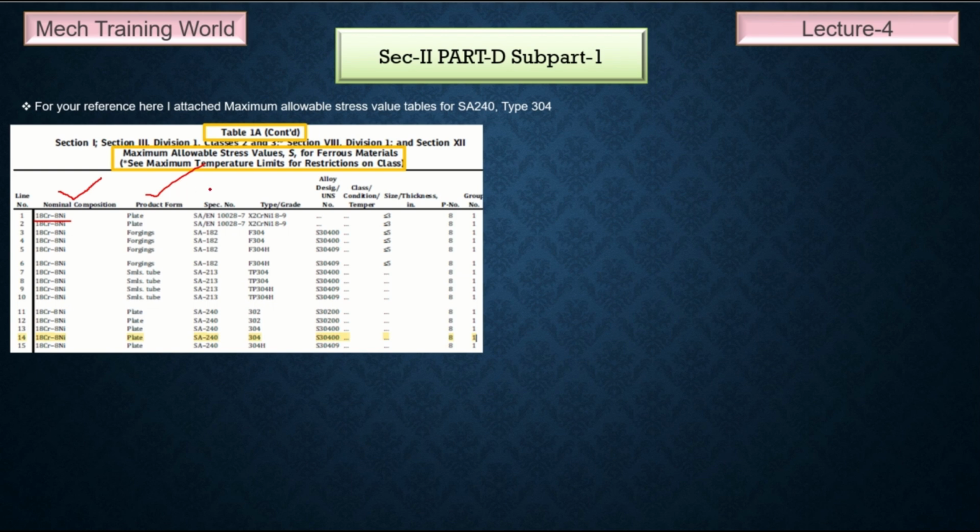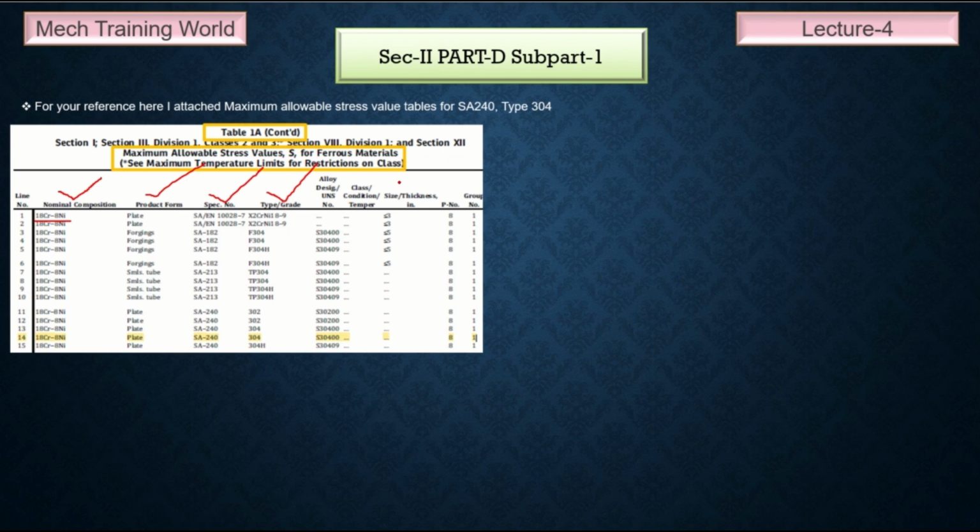All the stuff you will find, and spec number, like we have SA204, SA304, SA240, like this spec numbers are there, you will find here. And the type and the grade, either SS304. So what type of grade, like if you see SA516 spec number has different grades like 65, 70, 75, like this, we have grades, right? So the grades you will find here.